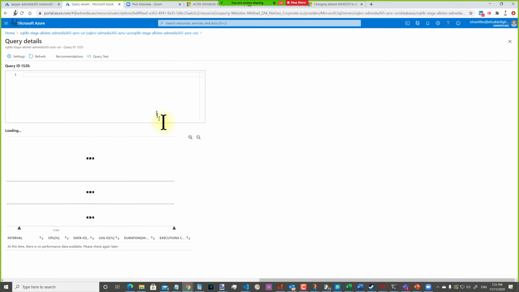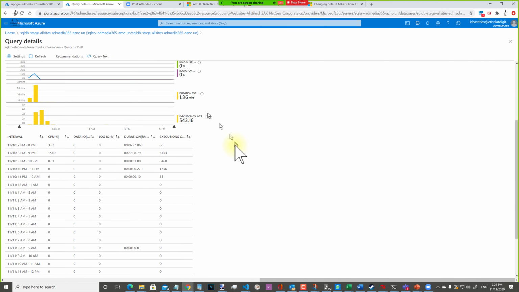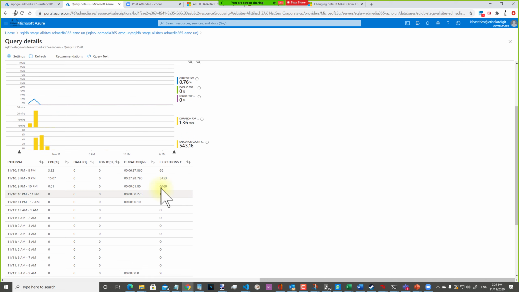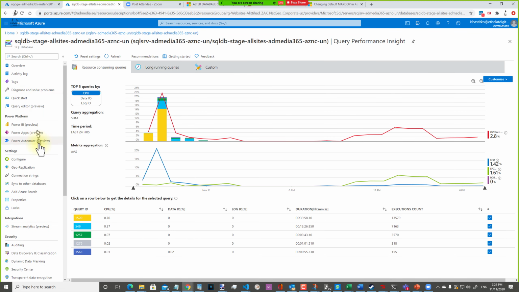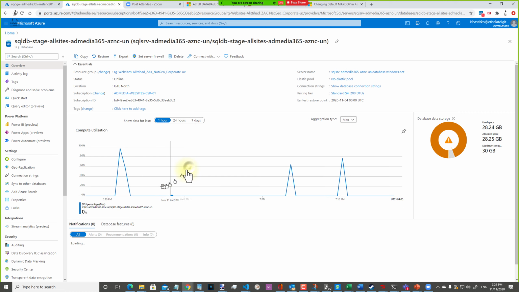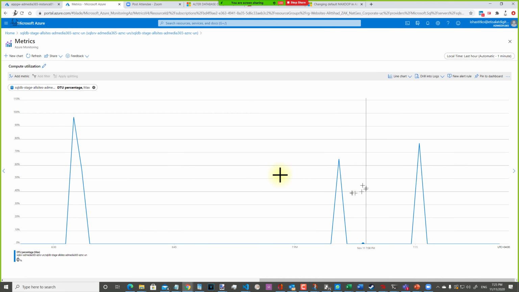You can check this query, look at it, and understand what happened, when it happened, how long it was executed, etc. This is one of the tools where you can find the performance of the database and what happens with the database, plus you can analyze it.